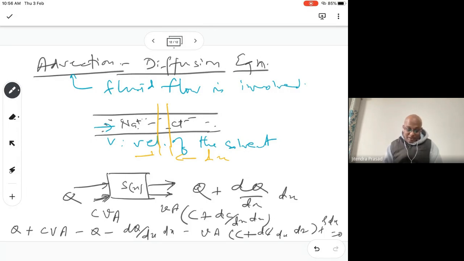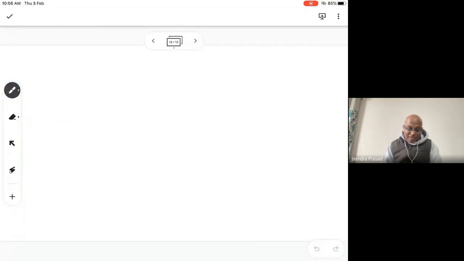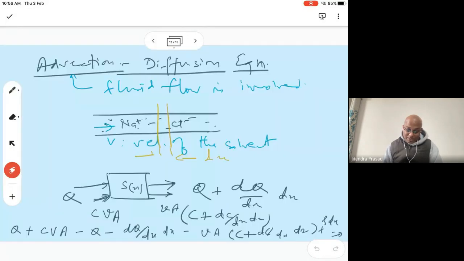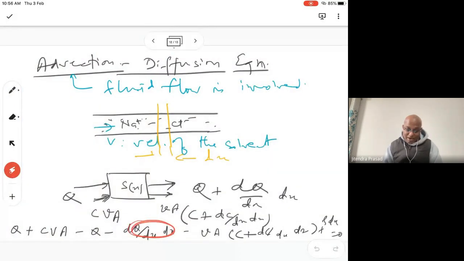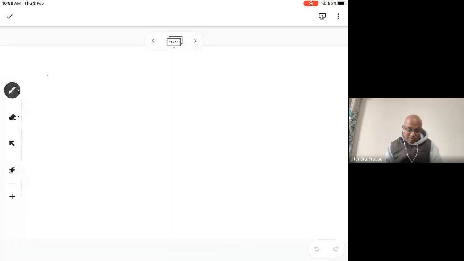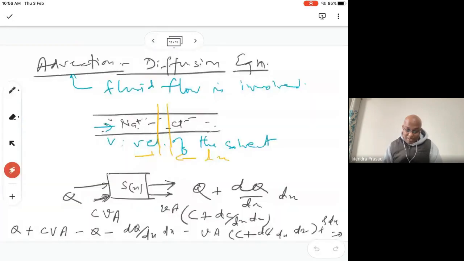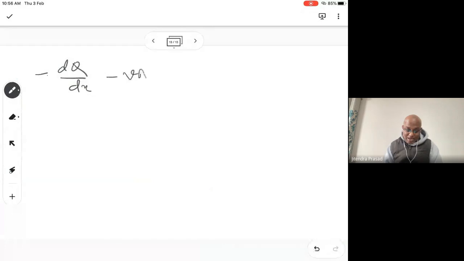If you work it out, Q will cancel. What we will have is the minus dQ over dx term times dx; dx will be common here also, and this and this will cancel out. What we get is minus VA times dC over dx, plus S dx equal to 0.